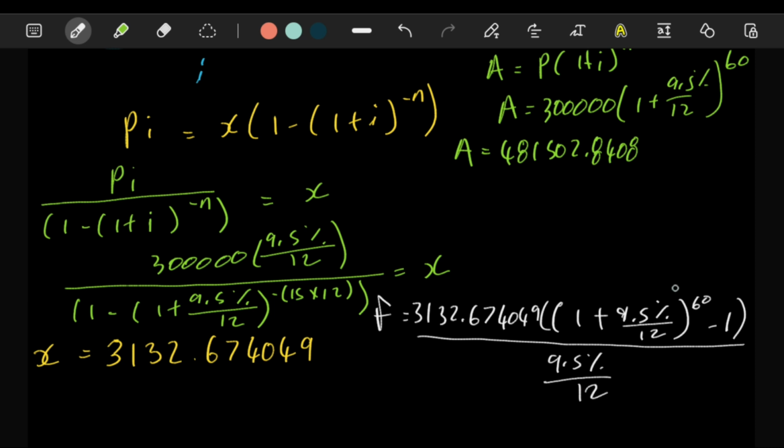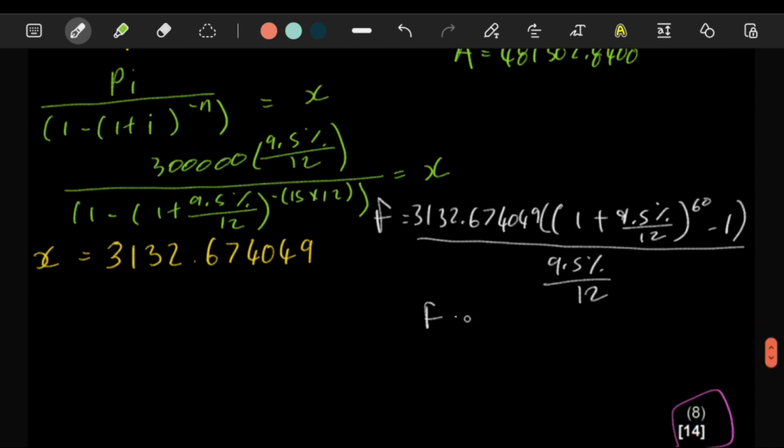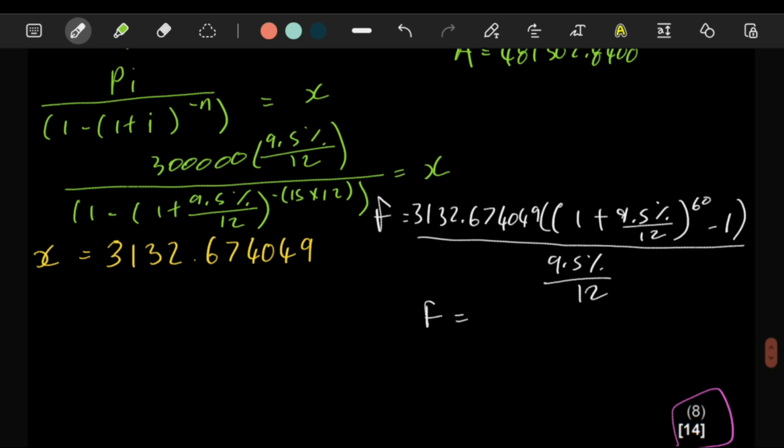So let's put all this into the calculator and see what our F value is. In the calculator, our F value is coming out as 239,405.9954. So you see, therefore the balance is just these two.